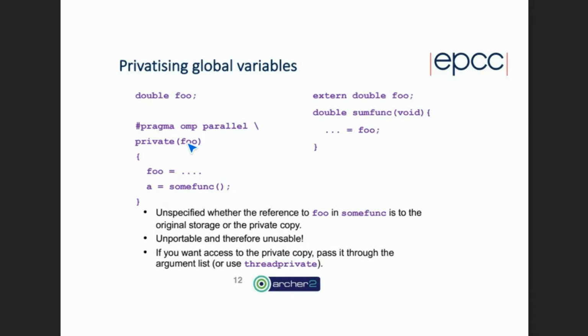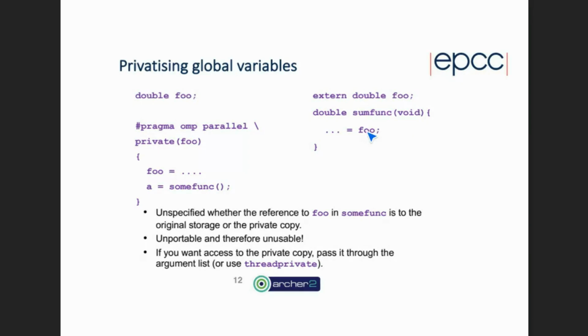So that's fine. Okay, and then the question is, what happens if there's a function call inside the parallel region, and the function here accesses the global variable directly, via an extern statement.